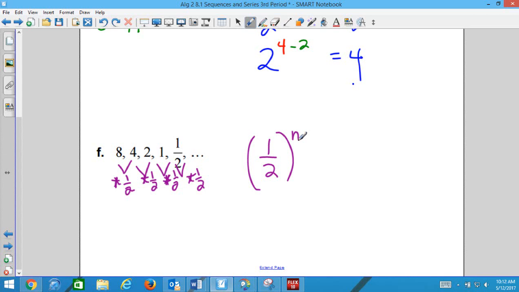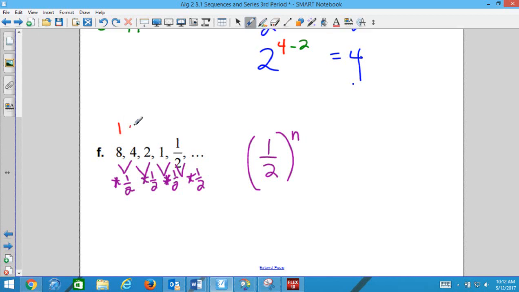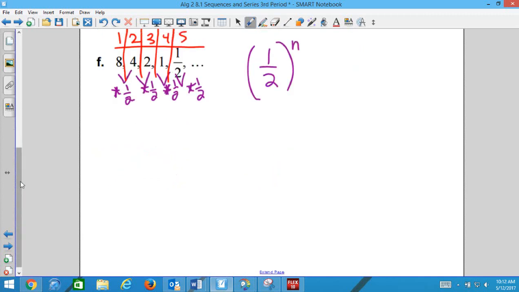Now you have to figure out how you can make 1/2 into 8, and how you can make 1/2 into 4, but you also have to come up with where I put my input number. So if I do 1/2 to the first, does that give me 8? No.